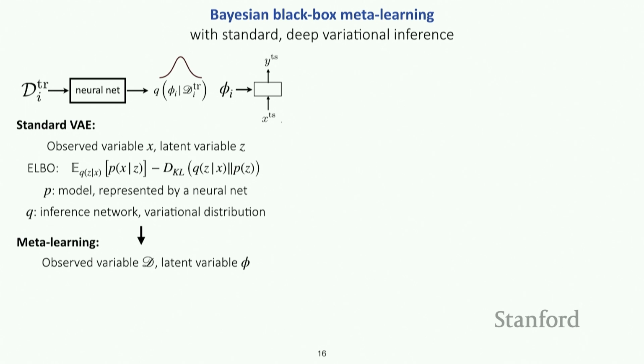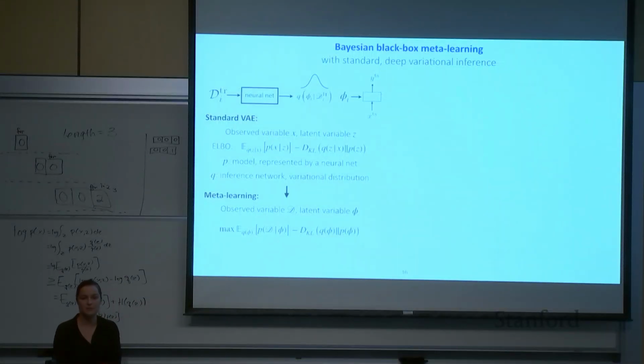So we can use everything we derived here for meta-learning, where the latent variable is now phi. In particular, we can take the ELBO written above. Again, sorry for the lack of logs on the left. I'll fix that typo. We'll have a variational distribution over our task-specific parameters phi.